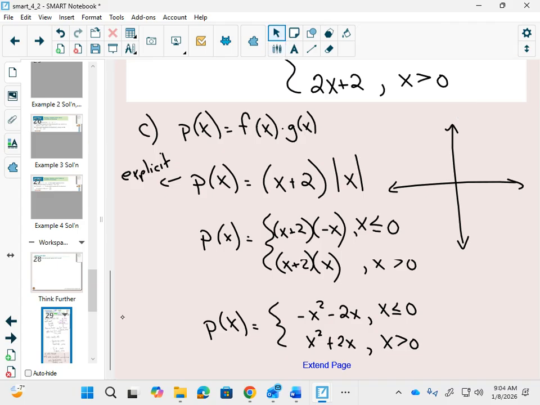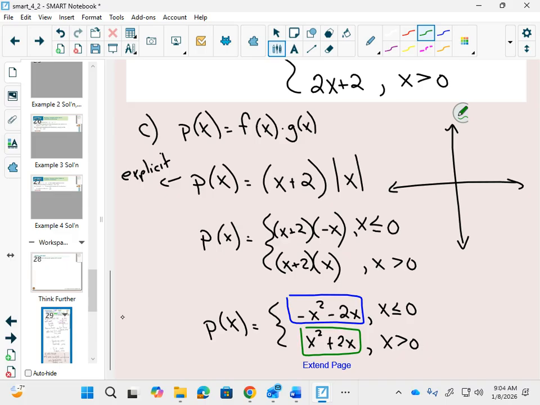But I'm actually going to now graph these two pieces for you so that you can graph P of x all at once. I'm going to do that one in blue, this piece in green, and then after I've drawn the pieces separately, I'm going to go over the whole thing in purple to say this is my final graph for P of x.